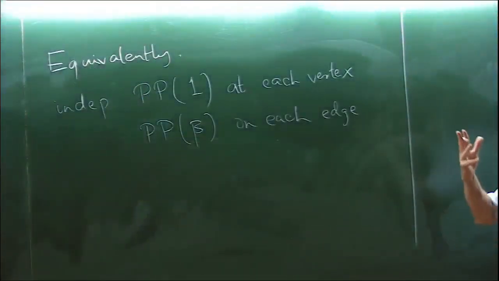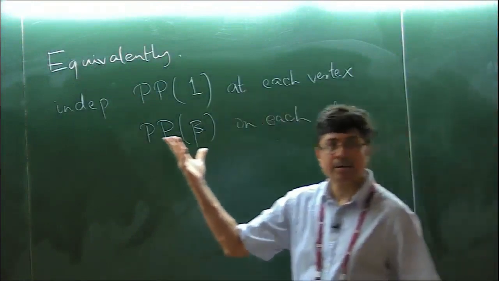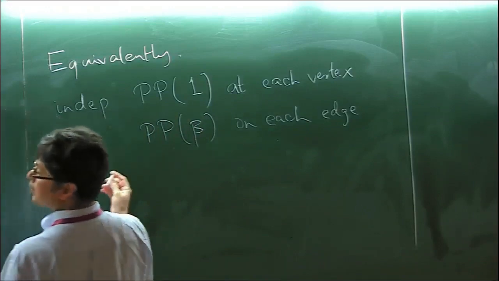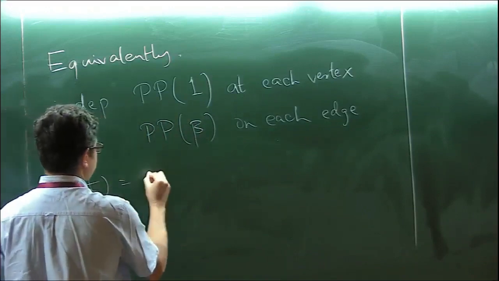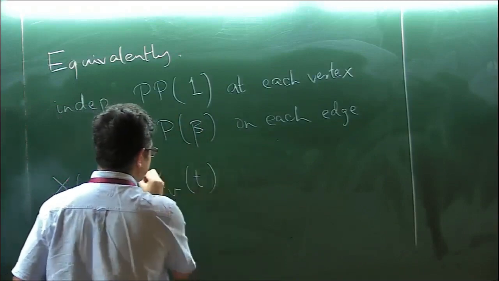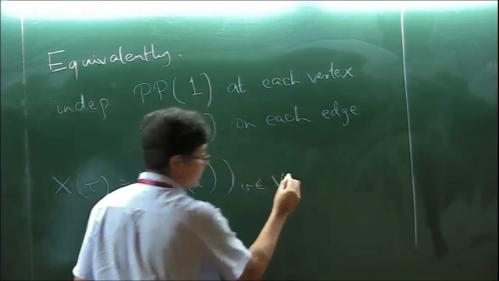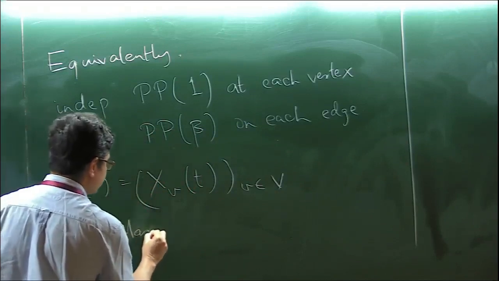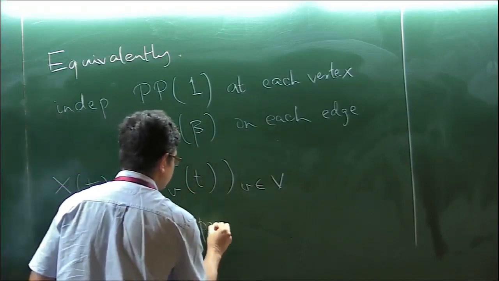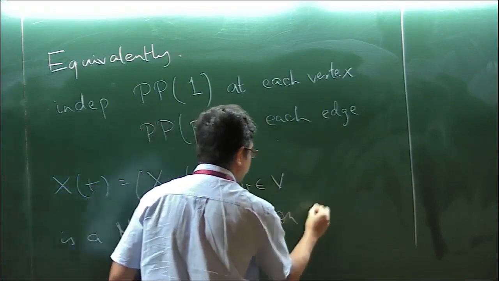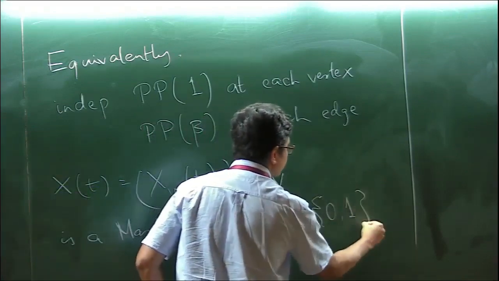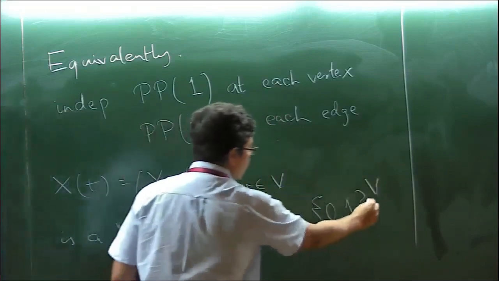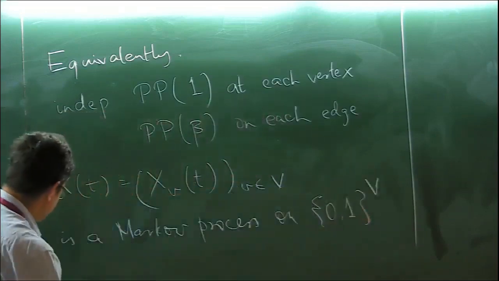And if the graph is finite, then what happens to the configurations xt? So let's look at xt, which is xvt, v in V. You keep track of all the vertices. This is clearly a Markov process on the state space 0, 1 to the V. Now what happens?